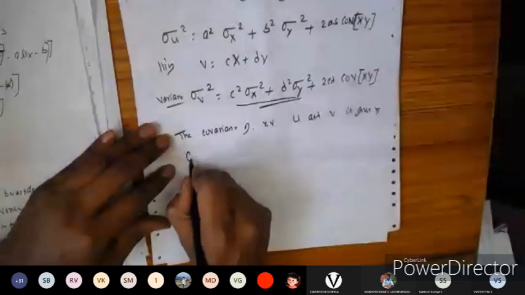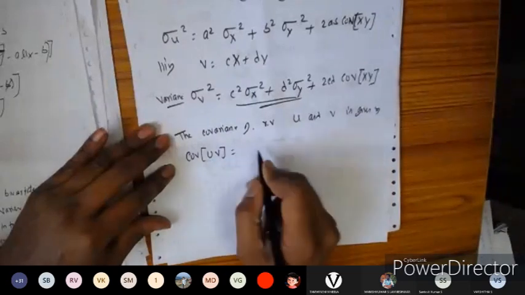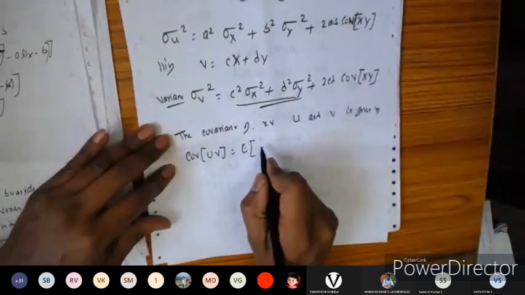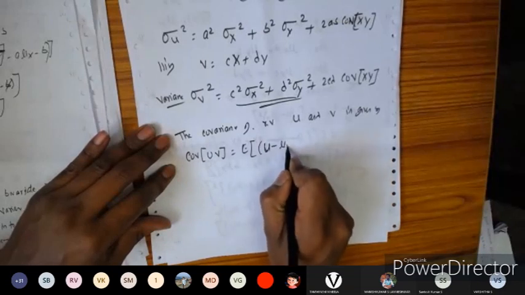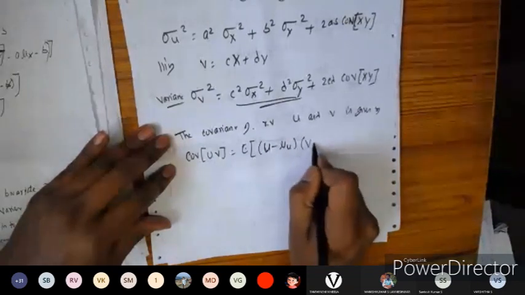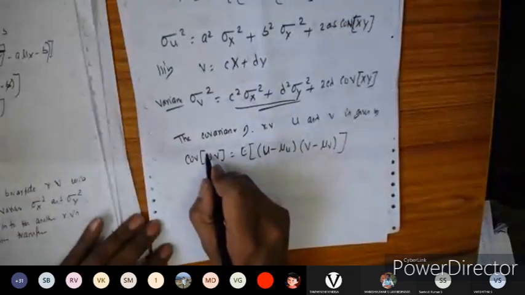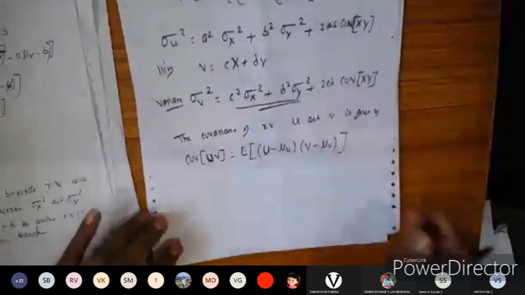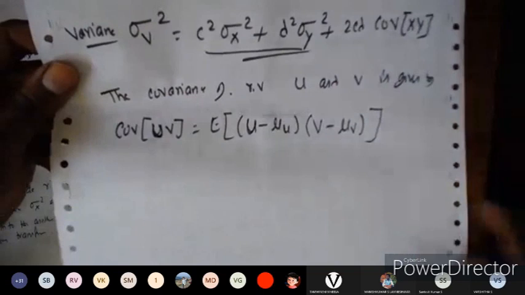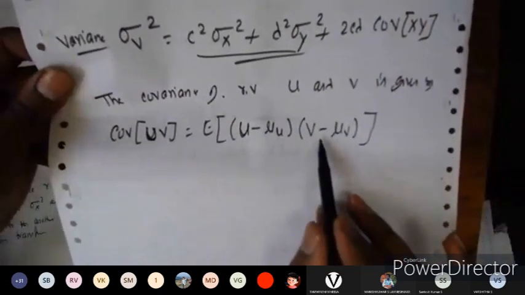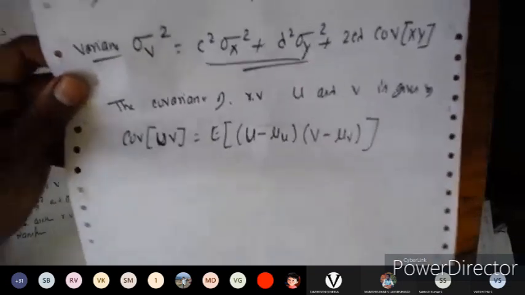I'm going to write the formula: the covariance of u and v is equal to the expectation of (u minus mu u) into (v minus mu v).